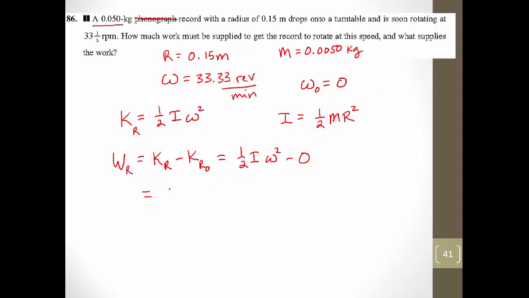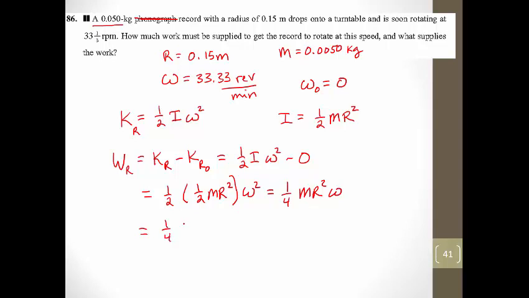So now I have 1/2 times the moment of inertia, 1/2 mr squared, times omega squared. So that's 1/4 mr squared omega squared.